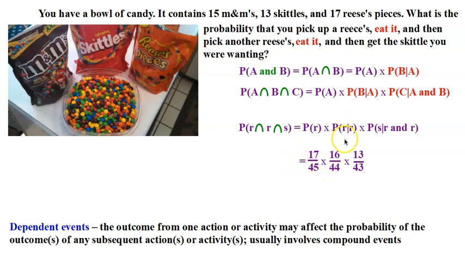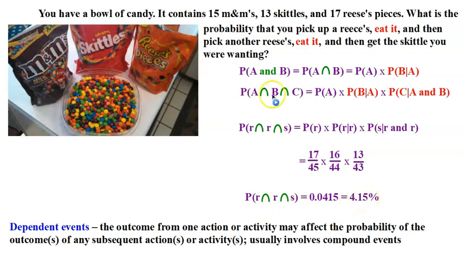The probability of getting the second Reese's, though, is not 17 out of 45 because we ate it. We ate that first one, and so now there's only 16 Reese's in the bowl and 44 candies total. And then once we eat that, well, there's still 13 Skittles because we haven't eaten a Skittle yet, but there's only 43 candies in the bowl. So we multiply that all together, and our probability of getting a Reese's, and then a Skittle is approximately 4.15%.